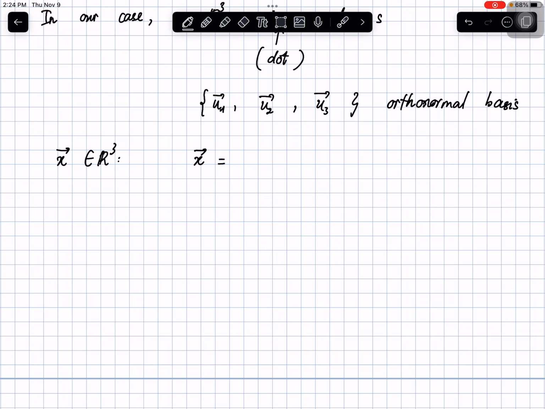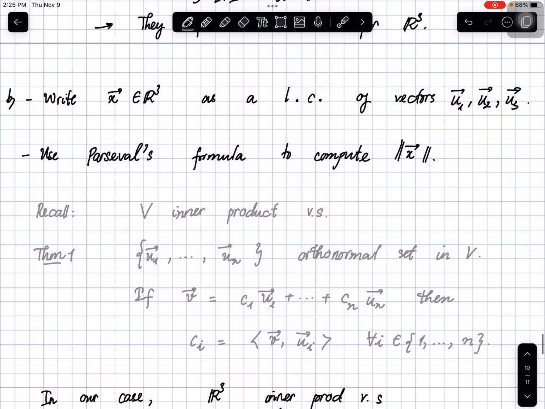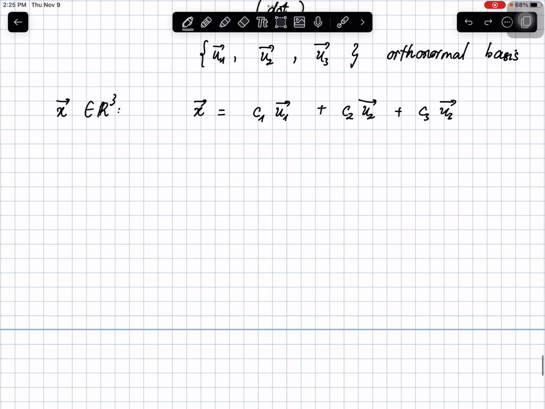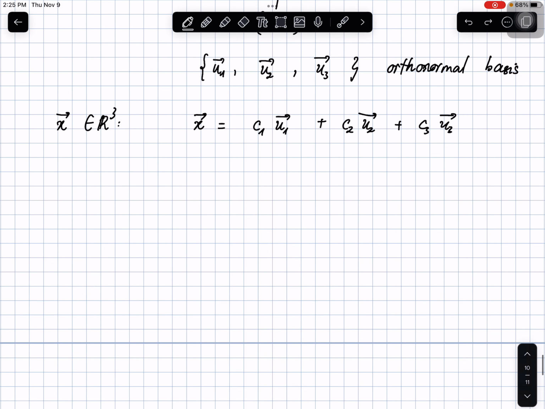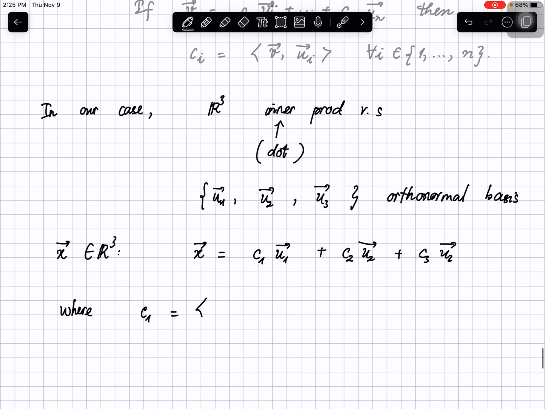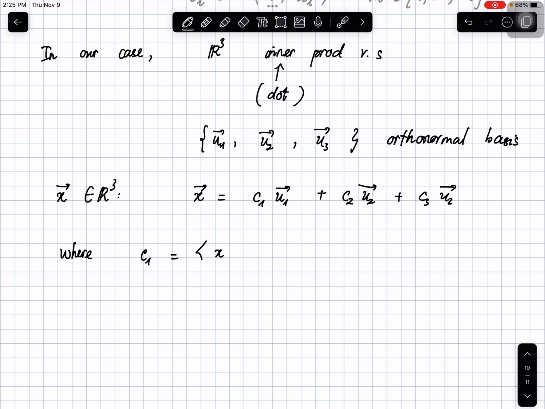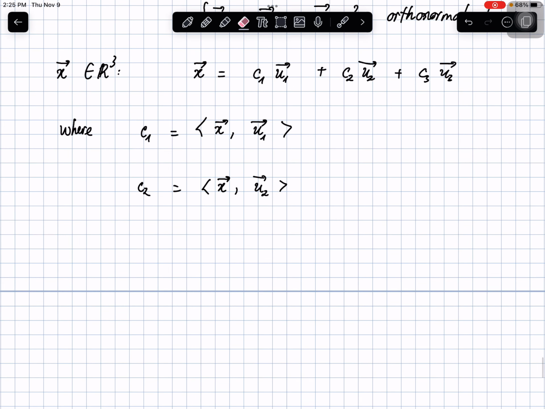We want to express x as a linear combination c1 u1 plus c2 u2 plus c3 u3, and we want to find this linear combination explicitly. Using theorem 1, c1 is the inner product of x with u1, c2 is the inner product of x with u2, and c3 is the inner product of x with u3.